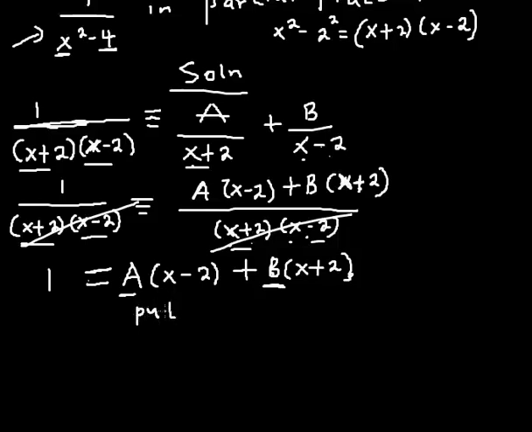So when I put x equal to 2, then of course you know very well 2 minus 2 will be equal to 0. So any place I see x, I put 2. So I'm going to have a bracket open 2 minus 2, then of course plus b bracket open 2 plus 2.